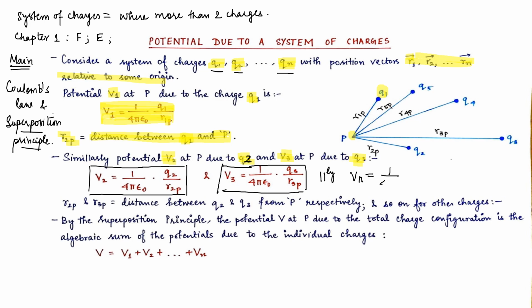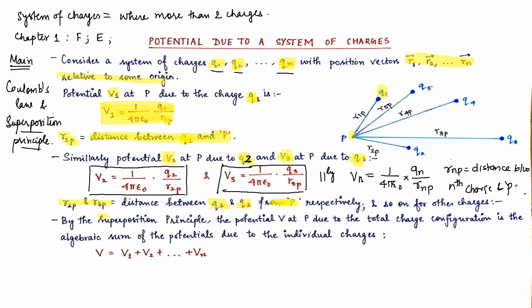That will be given as 1 by 4 pi epsilon naught into Qn divided by RnP, where RnP is the distance between the nth charge and point P. Similarly R2P and R3P are the distances between Q2, Q3 and P respectively, and so on for the other charges.